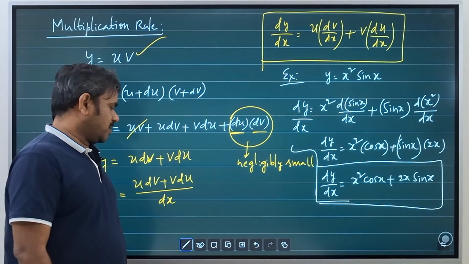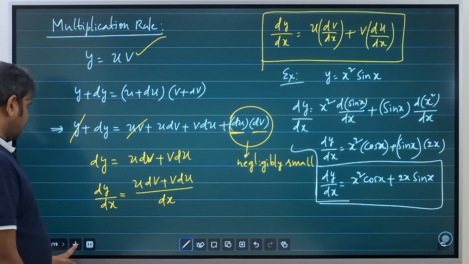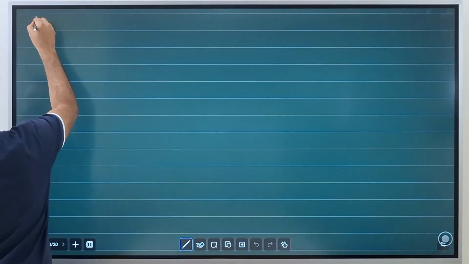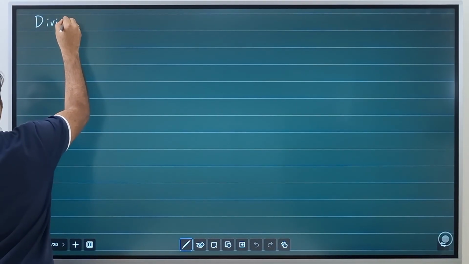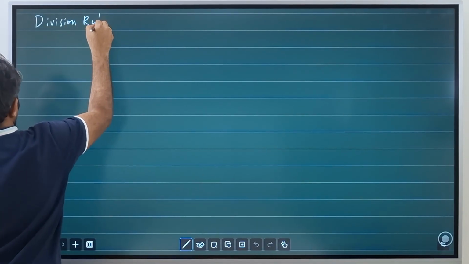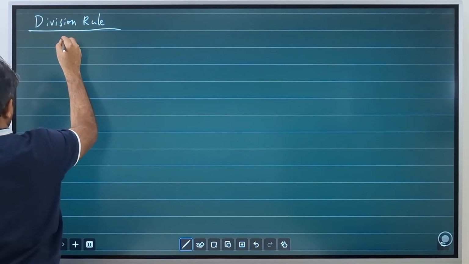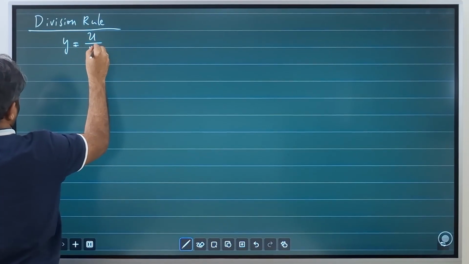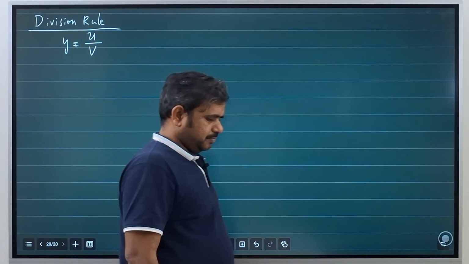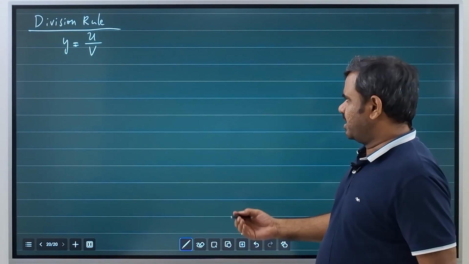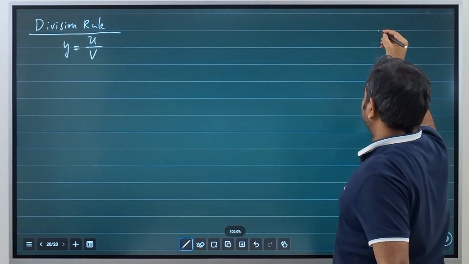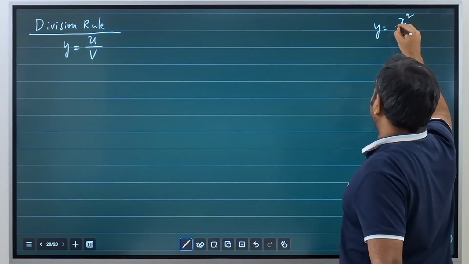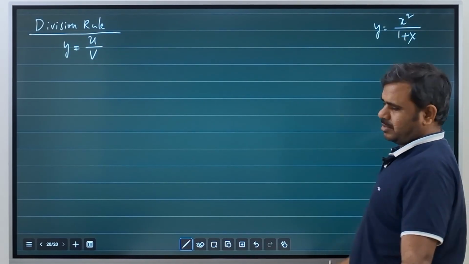The next rule that we are going to discuss is division rule. Let's look at division rule. Y is equal to ratio of two functions of x. If y is given as a ratio of two functions, I'll give you an example. Suppose y is given as x square by 1 plus x.